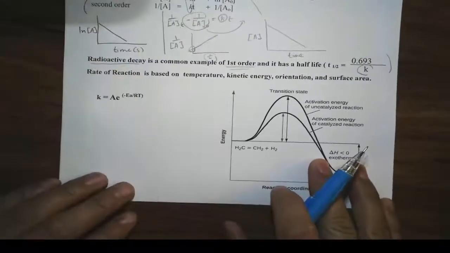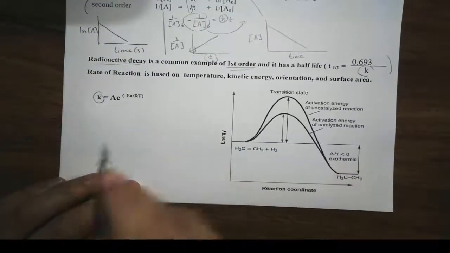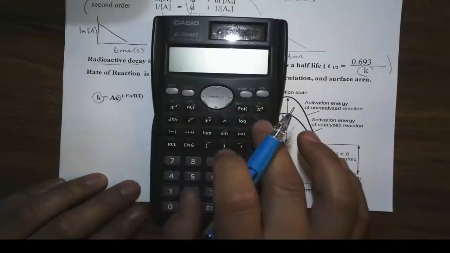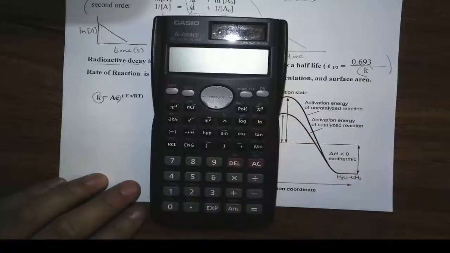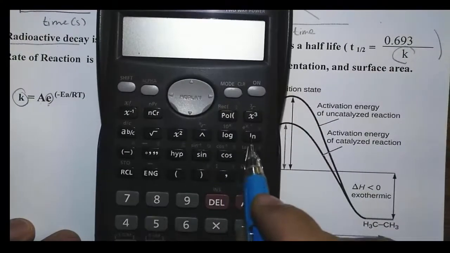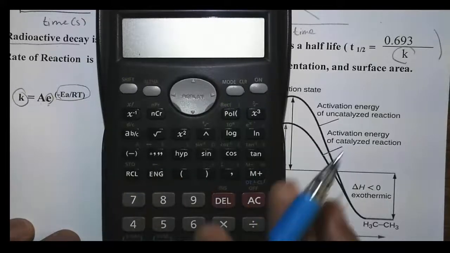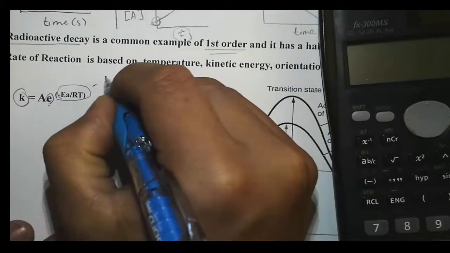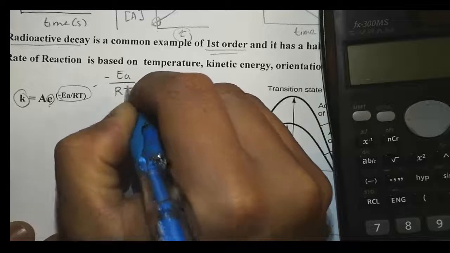Then we have more information about the reaction rate in terms of k. Well, if we look at the calculator, look at e. e is relative to the natural log. So that tells you this must have an effect on this value right there. This value is actually equal to negative Ea divided by RT.